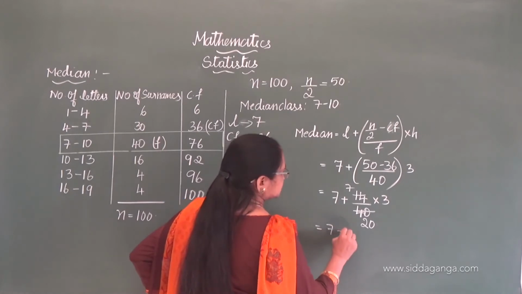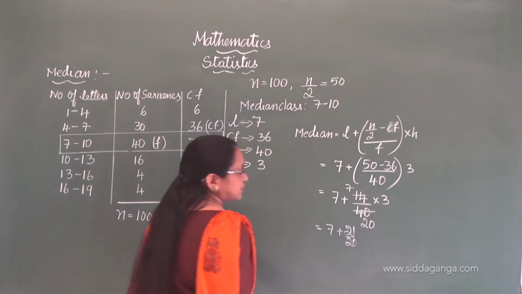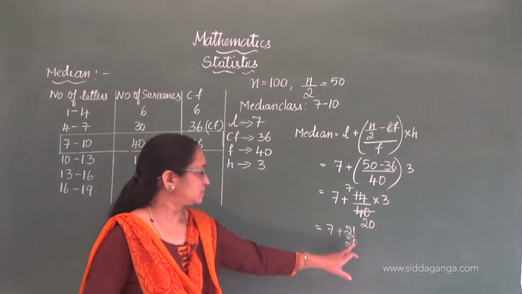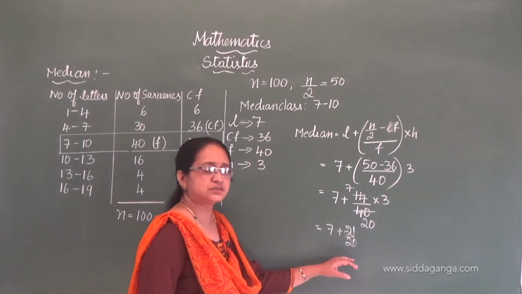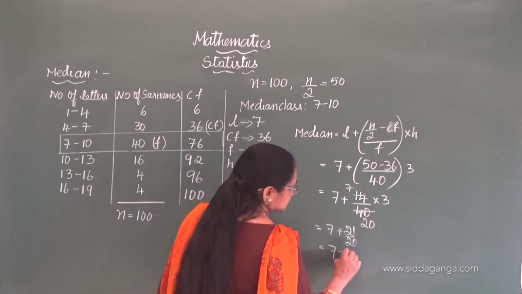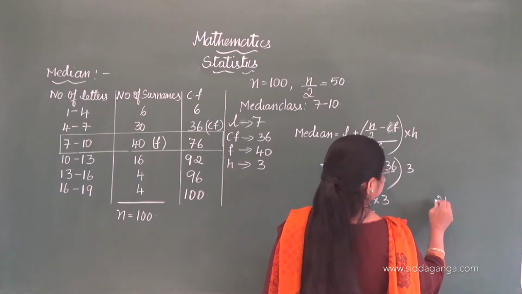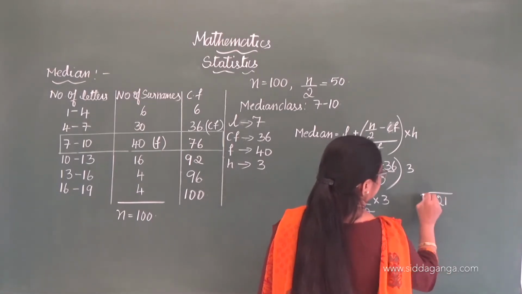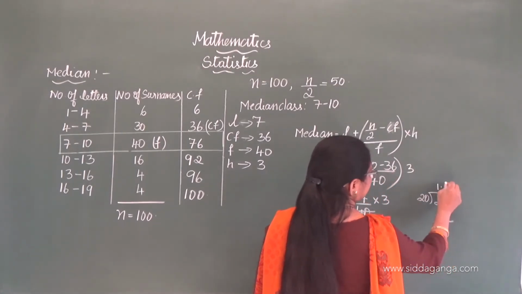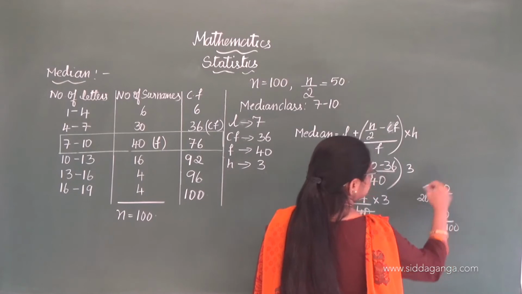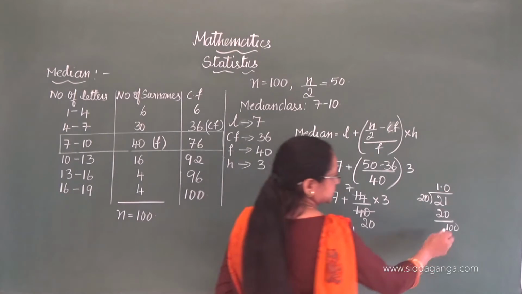Now 7 plus, 7 3s are 21, by 20. 21 by 20, so you have to convert it into decimal. 7 plus 21 divided by 20. Here 20 goes once, remainder 1.000, 5 twenties are 100, so 1.05. I hope you understood this.